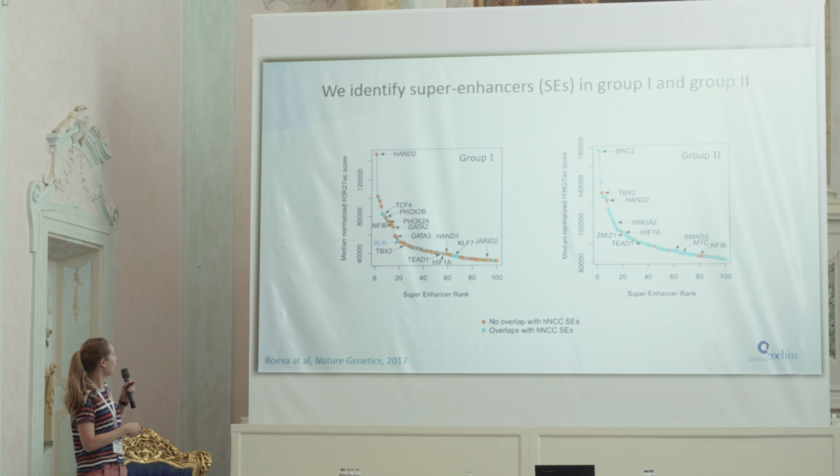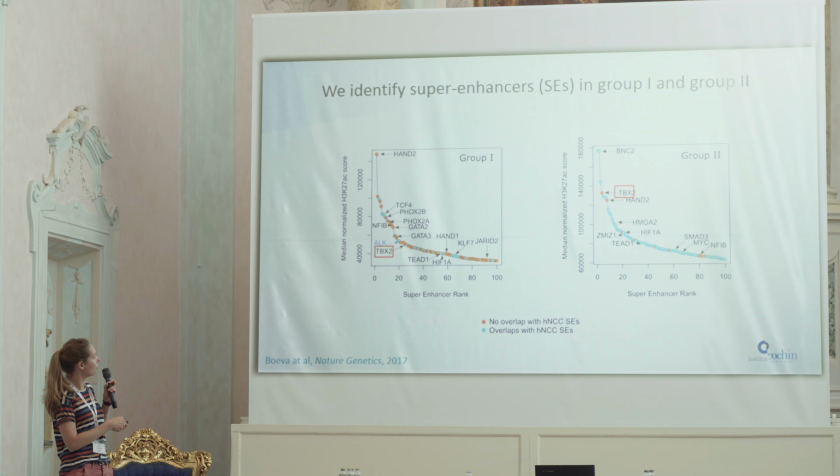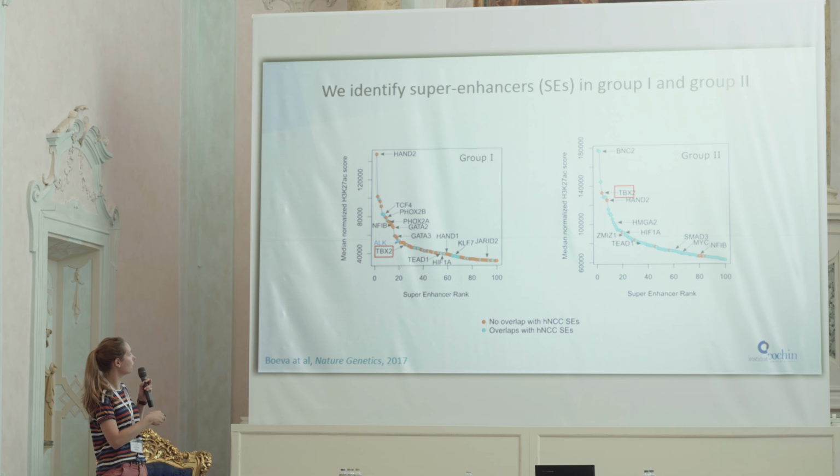And if you look at the strongest super enhancers and genes associated with super enhancers in these 2 groups, we see PHOX2B for group 1, ALK, and TBX2 that has a very strong super enhancer in both groups.